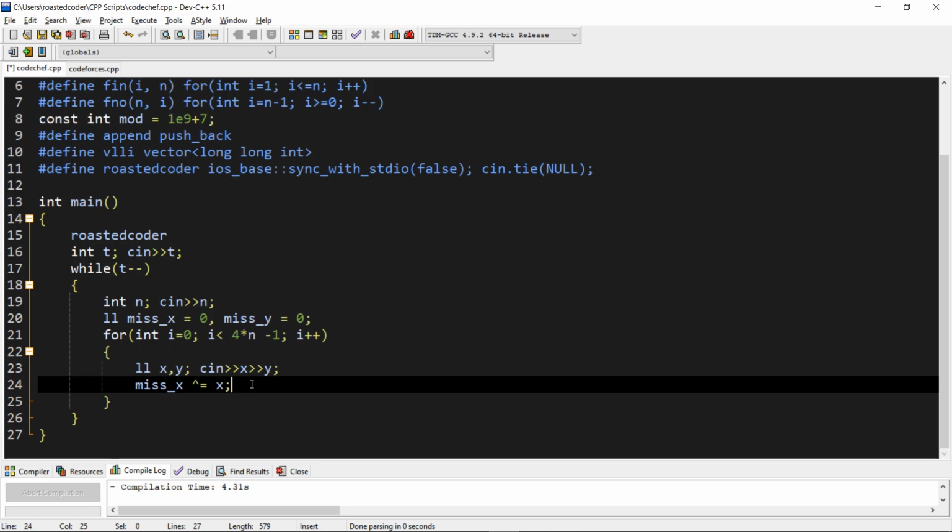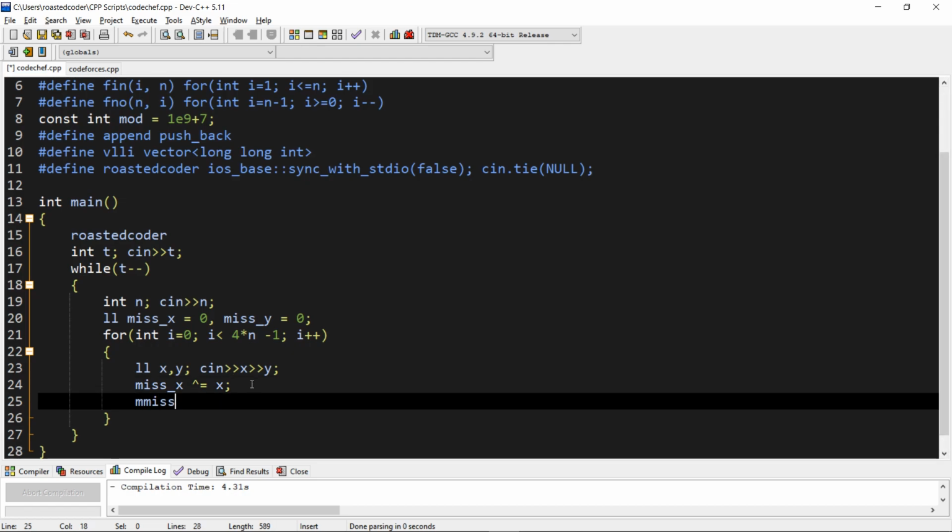That is, if there are three 2s and we take XOR of all the 2s, then it will output 2. So in this problem we have to find that missing number which is not in a pair, so we can use the property of XOR here. So now let's find missing y.